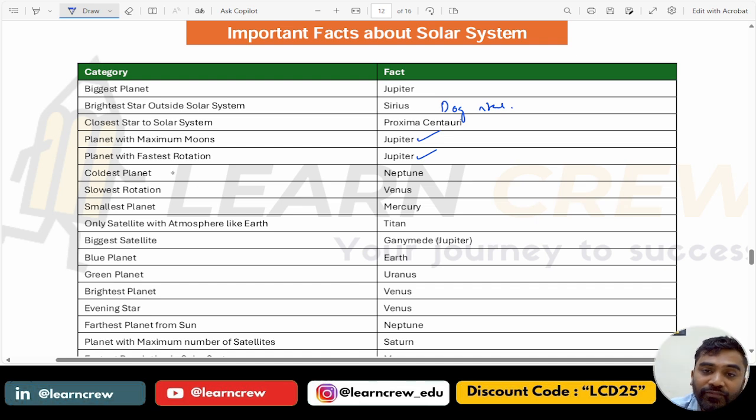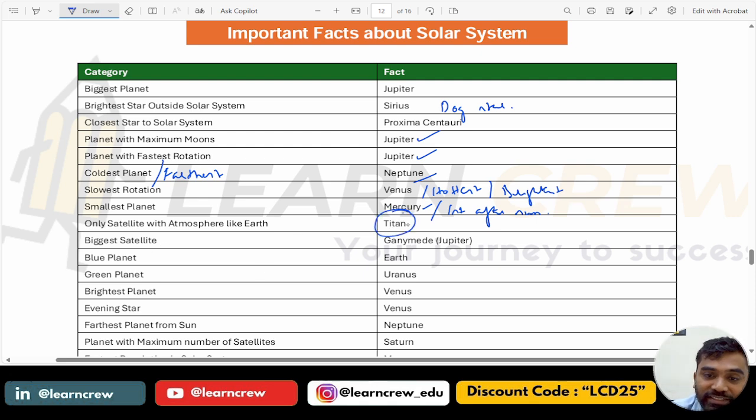Coldest planet is also the farthest planet, Neptune. Slowest rotation, Venus. It is also the hottest planet and the brightest planet. Smallest planet is Mercury. It is the first planet after the Sun. The only satellite with an atmosphere like Earth is Titan.